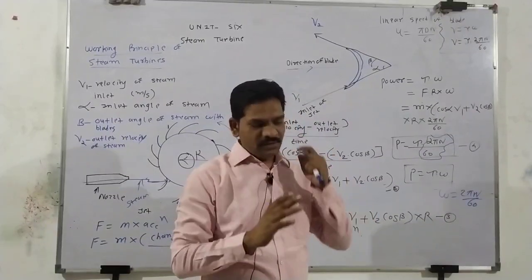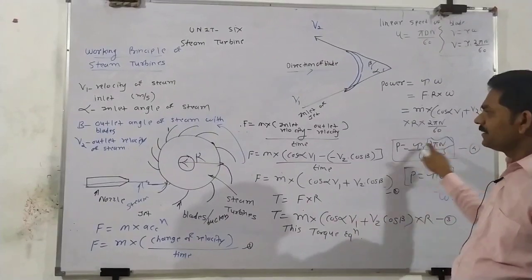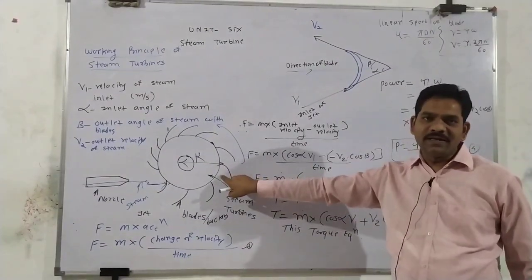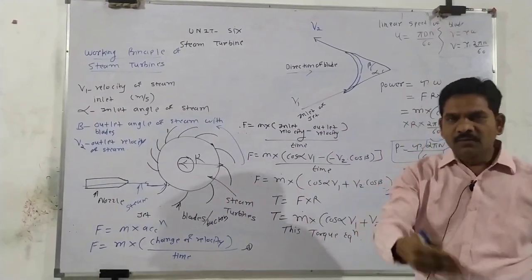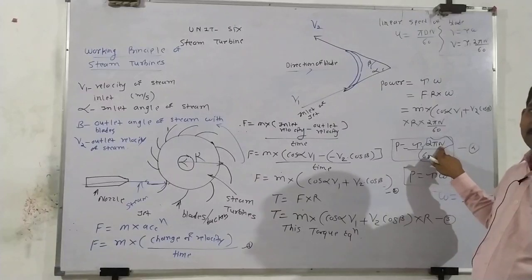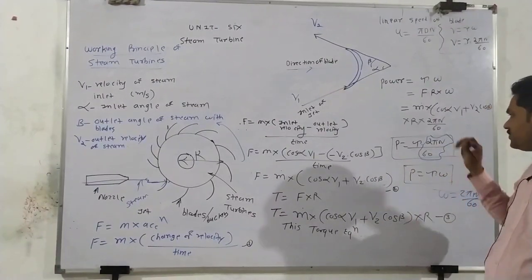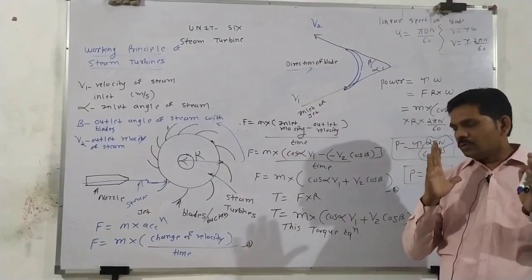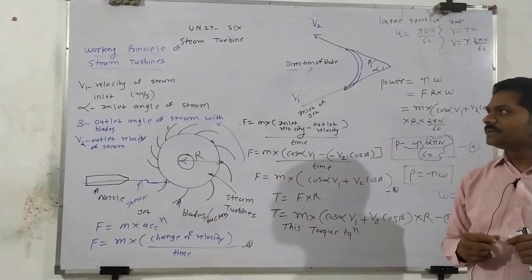And n is the number of revolutions performed by the turbine, that is, the frequency of the turbine, the number of revolutions performed by the turbine per second.